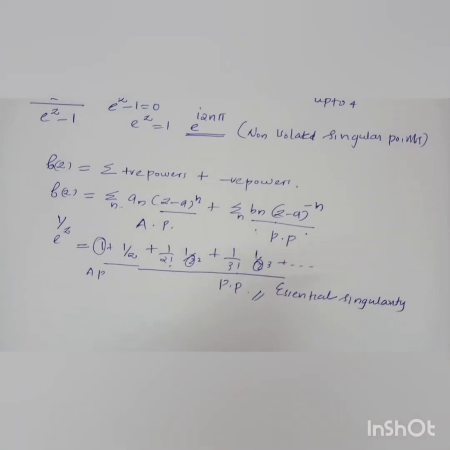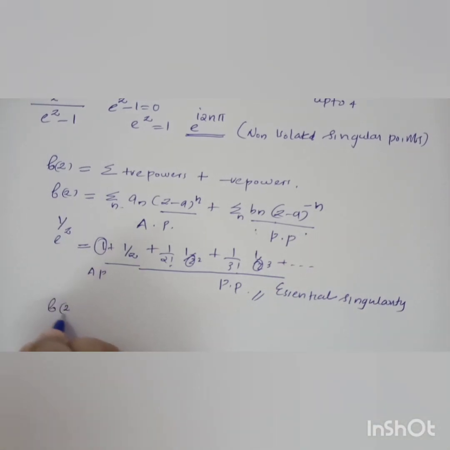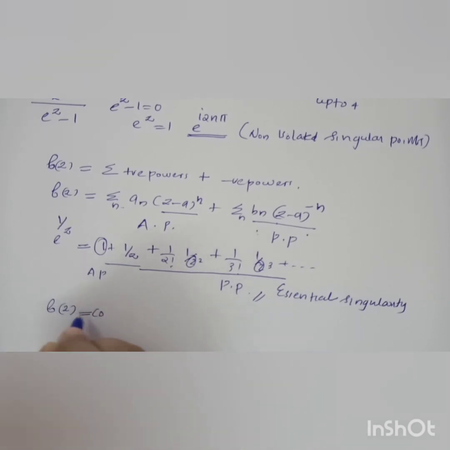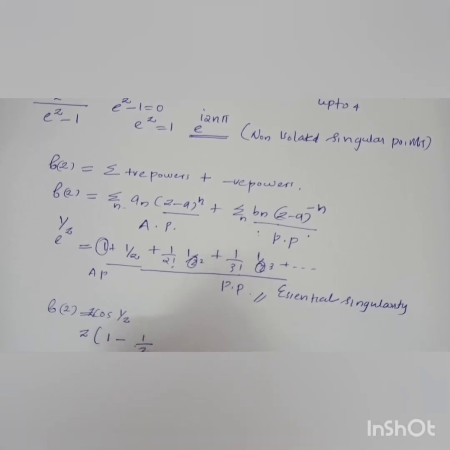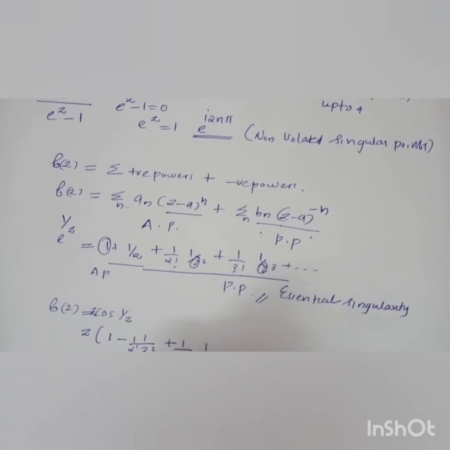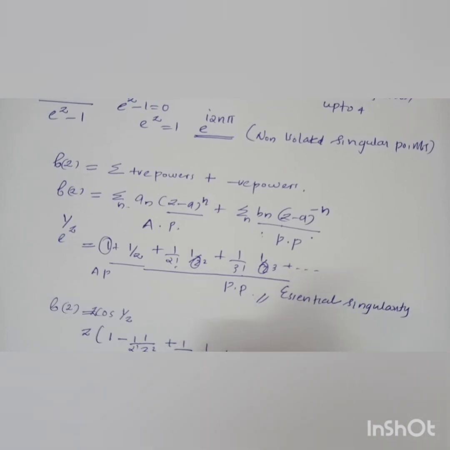Now consider the function f of z equal to cos 1 by z. We know cos theta is equal to 1 minus theta square by 2 factorial, like that. So 1 minus 1 by 2 factorial 1 by z square plus 1 by 4 factorial 1 by z power 4 minus, like that.